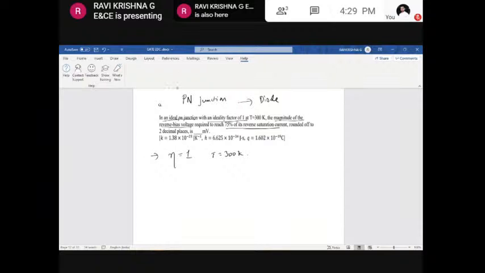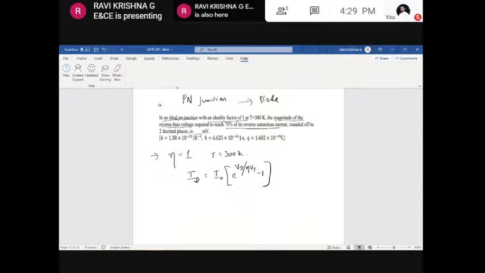For a PN junction diode, we know that the diode equation is ID equal to I naught, where ID is the diode current and I naught is the reverse saturation current. The diode equation is written as ID is equal to I naught into e to the power of the diode voltage divided by ideality factor into thermal voltage, minus 1.